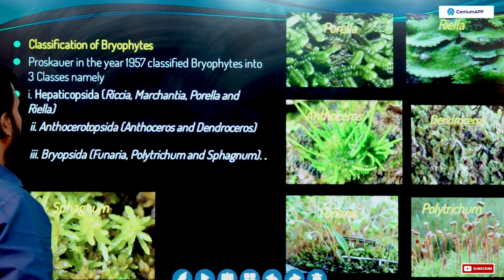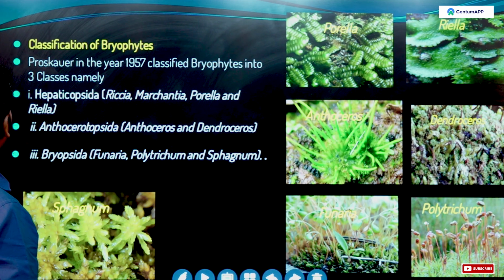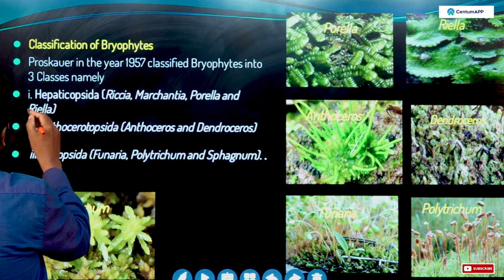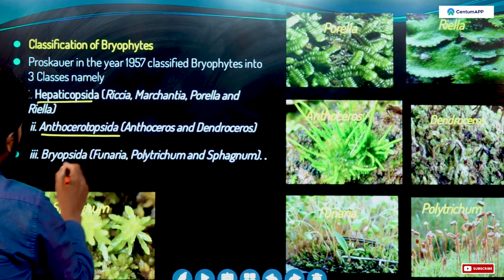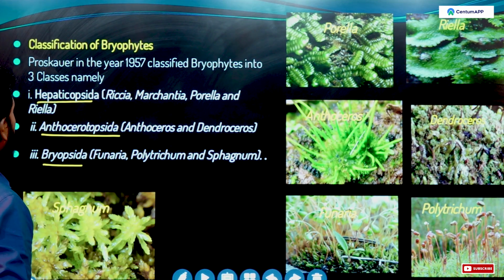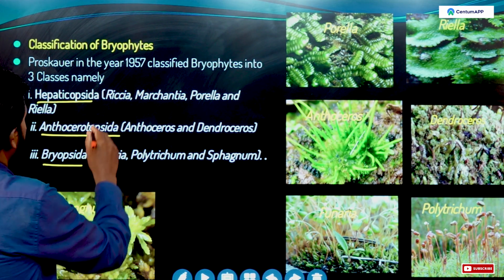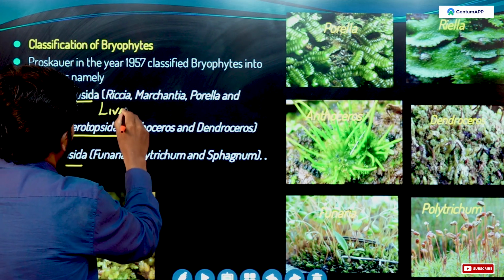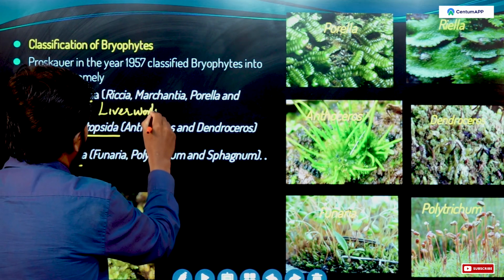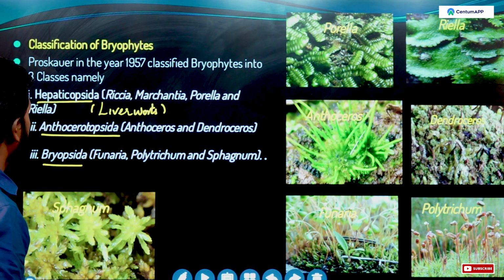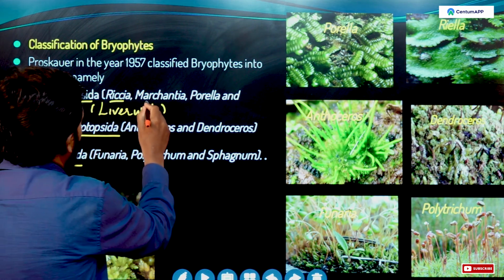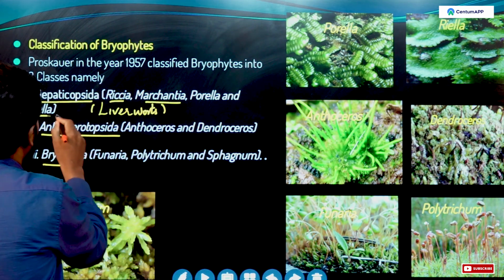In the classification of Bryophytes, they are divided into 3 classes: Hepaticopsida, Anthocerotopsida, Bryopsida. Hepaticopsida, that is liverworts, liver-like structures. Examples of Hepaticopsida: Riccia, Marchantia, Porella and Riella.